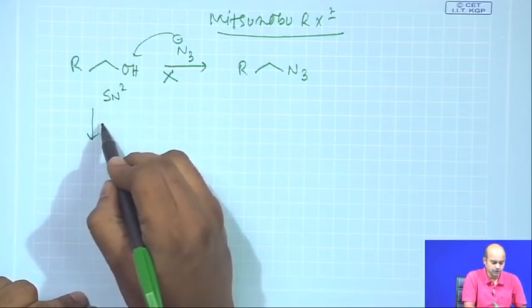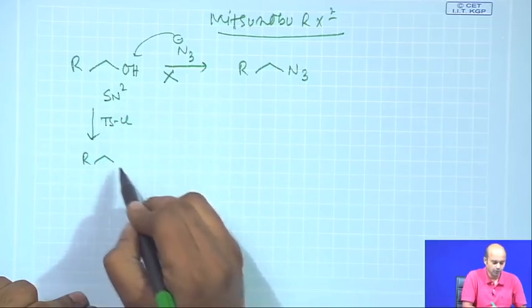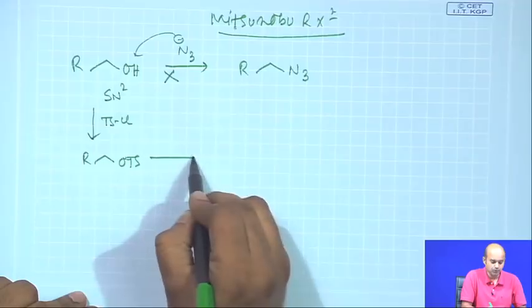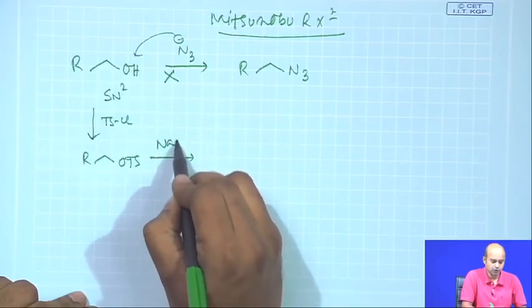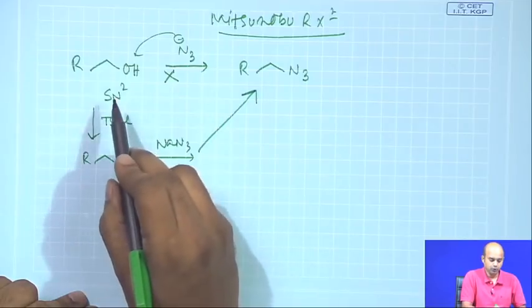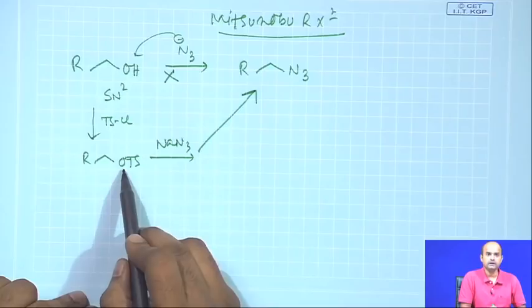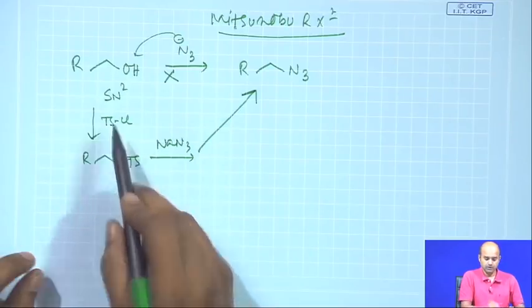The classical solution is you convert this alcohol to tosylate by making it OTs and then you react with a nucleophile to come to this product. So, an SN2 takes place. Tosylate is a better leaving group.